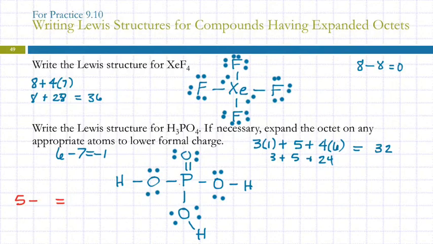And how many does it leave with now with the double bond? It gets half of each bond. 1, 2, 3, 4, 5. Leaves with 5, and so its formal charge is 0. This is better. Phosphorus is in period 3, and so it can do an expanded octet. Any questions?